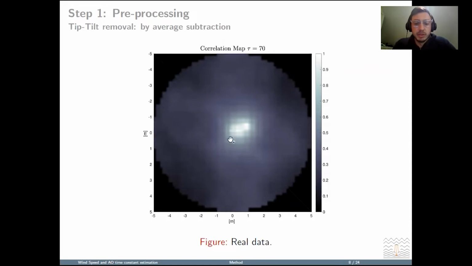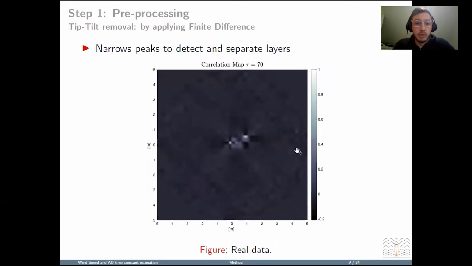The first one is that we remove it by computing the average subtraction, and we can see that the result of this operation is a wider and broader peak, compared with the tip tilt removal by using finite difference, as shown in this figure, where we can narrow the peaks and separate the layers.